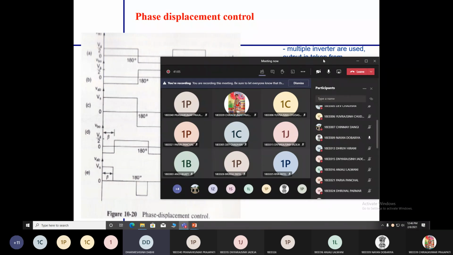What is my question? Which PWM technique is more suitable to reduce the harmonics? Yes, very good. Now give the answer to that, and give me the justification.